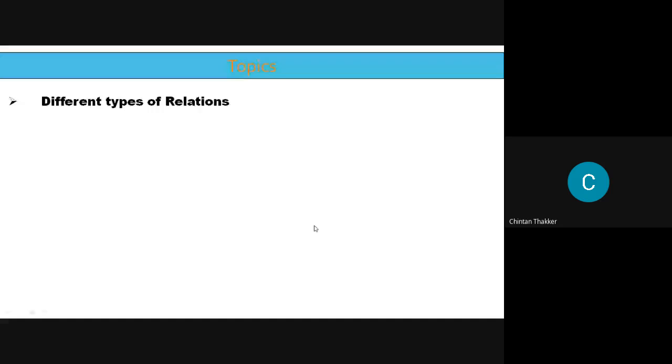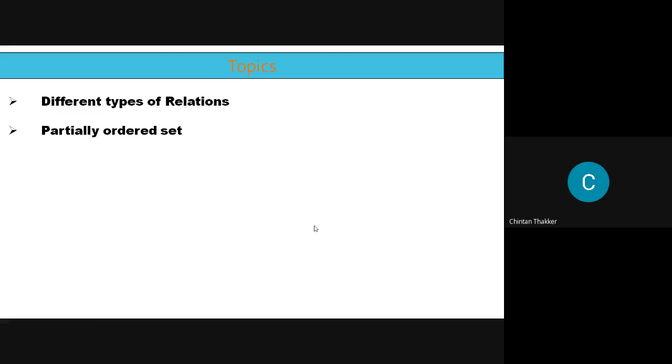The first topic is different types of relation. Then the second topic is partial order set. In different types of relation, we discuss the four types of relation.